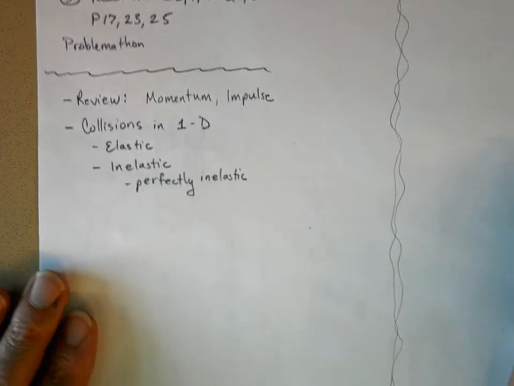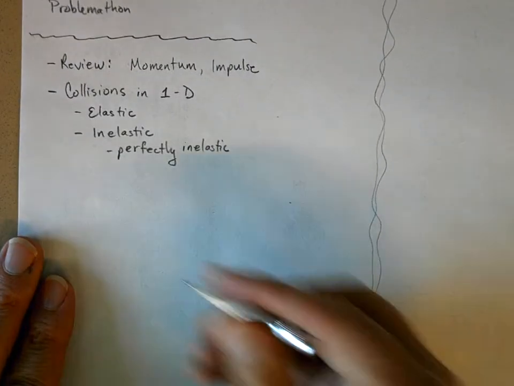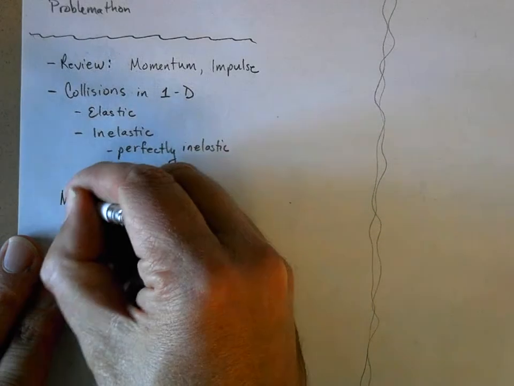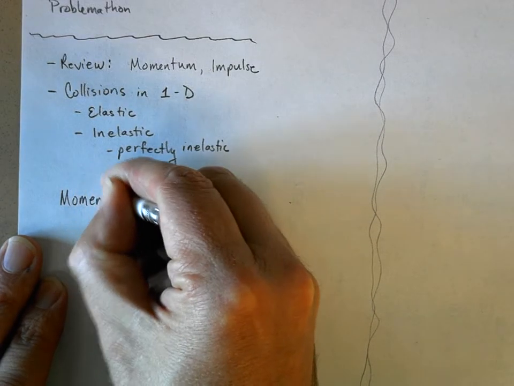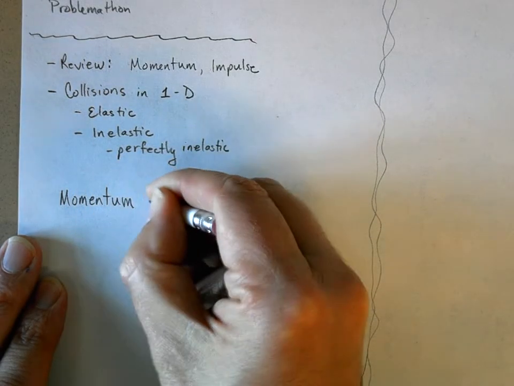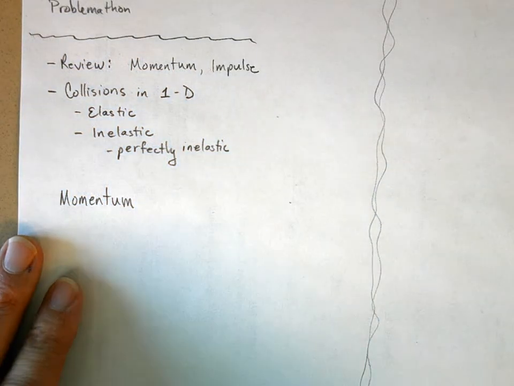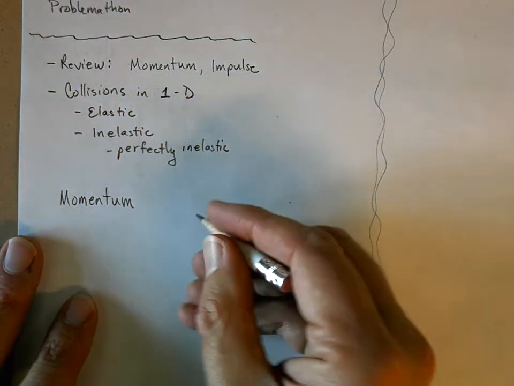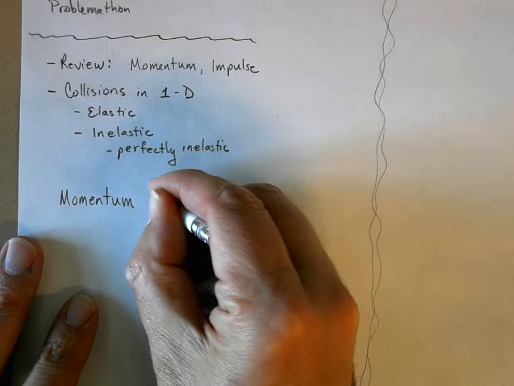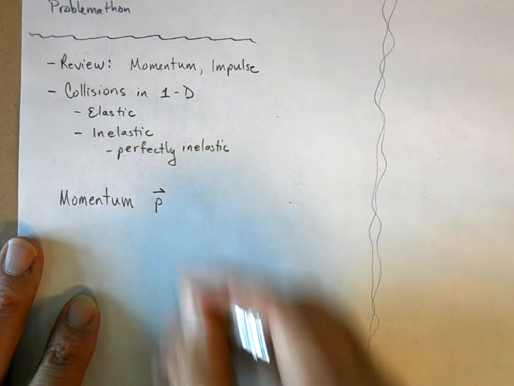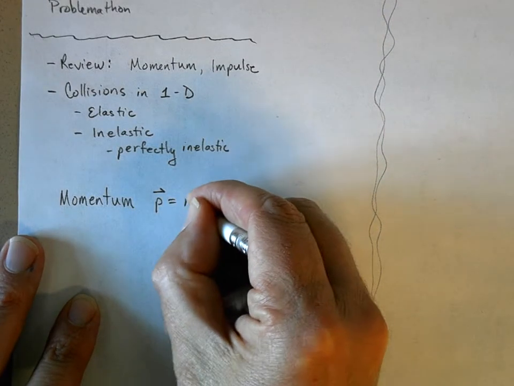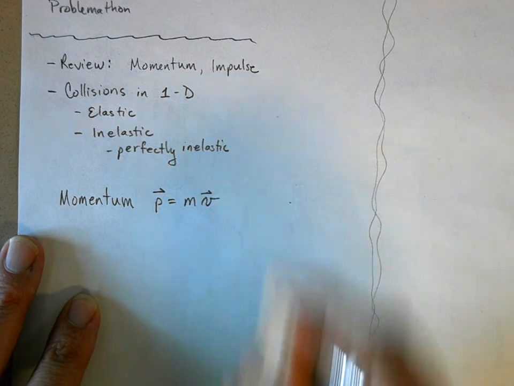First of all, let's talk about momentum. We said that momentum is really just the mass of an object times its velocity. So we'll use the letter lowercase p to represent momentum, and we say it's equal to m times v.